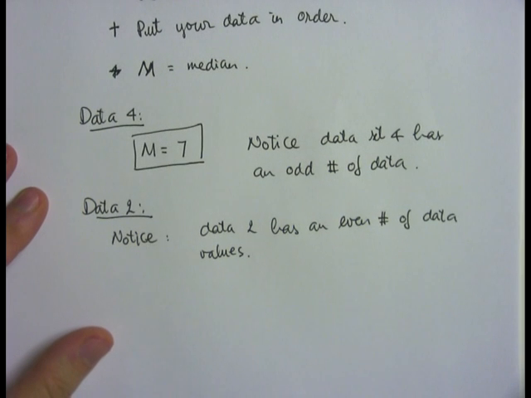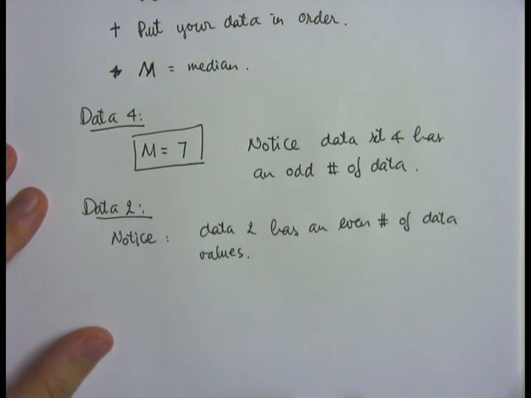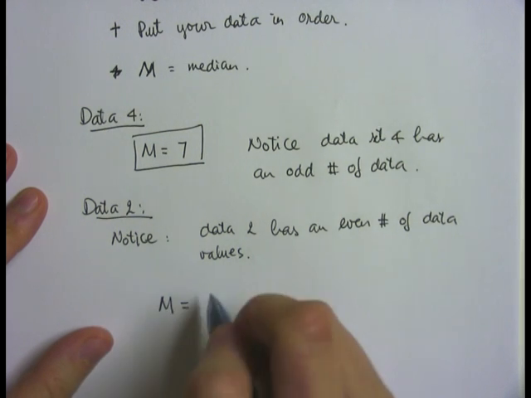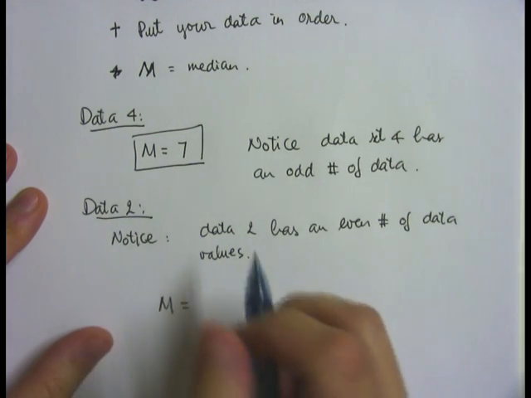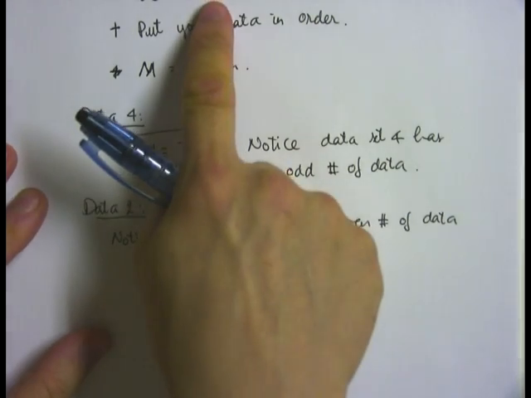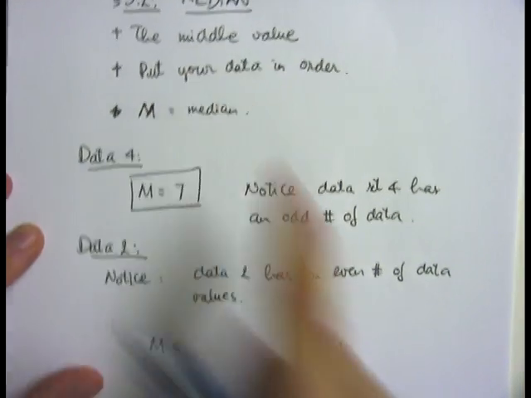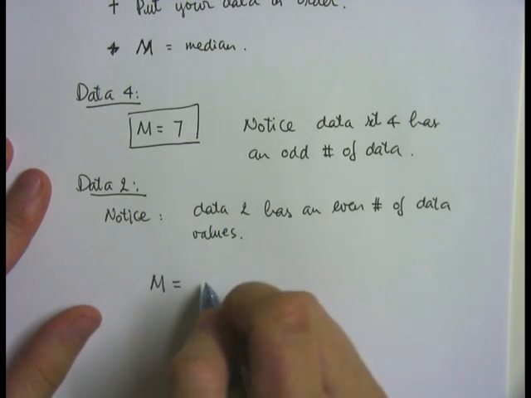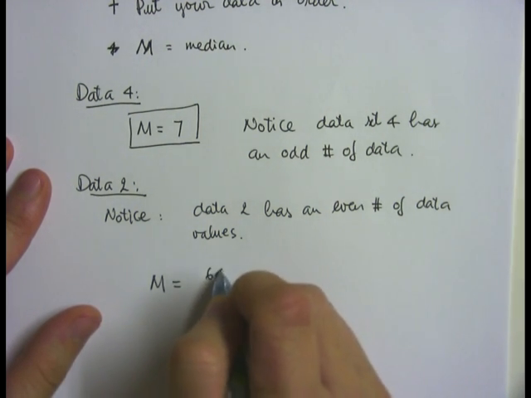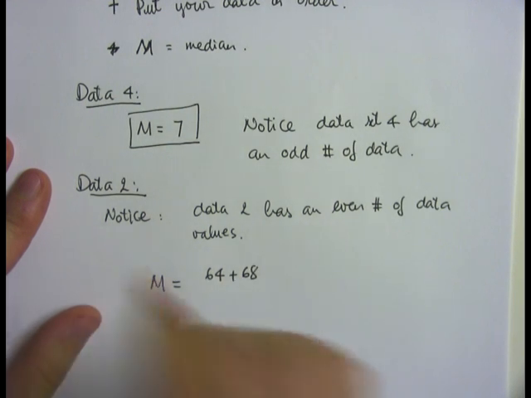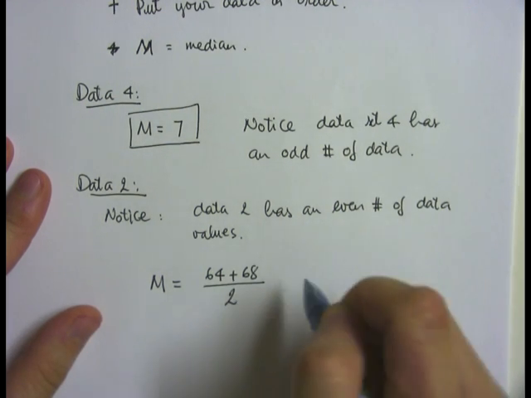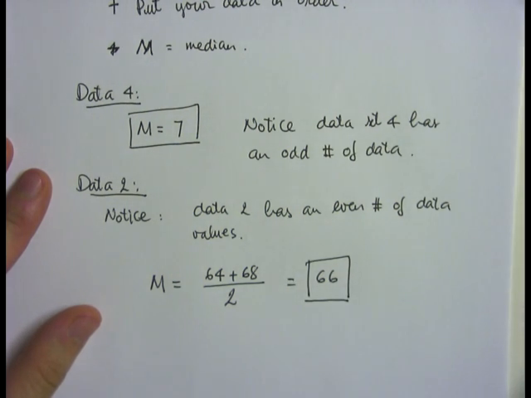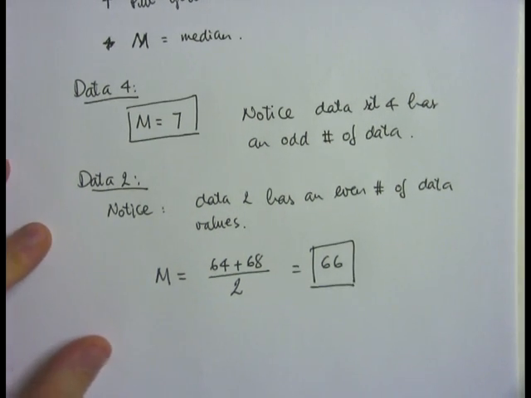In case the data set turns out to have an even number of data, your median would be the average of the two middle values. So to really find the middle value, we need to add the two middle values in our data set. That gives me 64 plus 68 in data set 2, and I'm going to divide it by 2, and that equals 66. So that would be my median for data set 2.